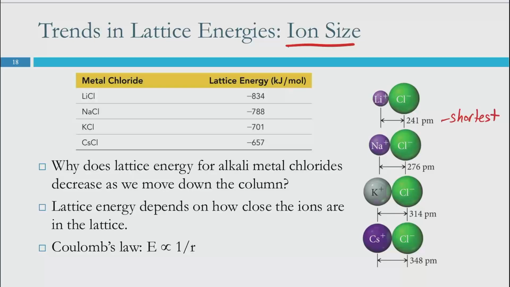Right, lithium chloride has the shortest distance, cesium chloride has the longest, and this explains why our lattice energy changes. Our lattice energy is really high for lithium chloride because our nuclei, or our ions, can get really close together. Coulomb's law tells us that energy is proportional to 1 over the radius.